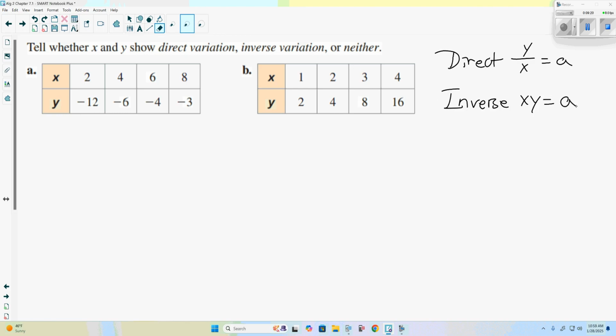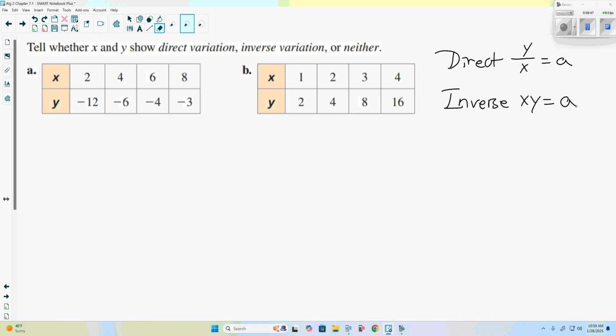The reason we're picking these out of all the equations we've seen so far for direct and inverse variation is that both of these equations have that constant a by itself, yes? And what it means for direct variation, when I divide the y values by the x, the corresponding y with corresponding x, for each set of numbers, I should get a constant amount. I should have the same amount of change.